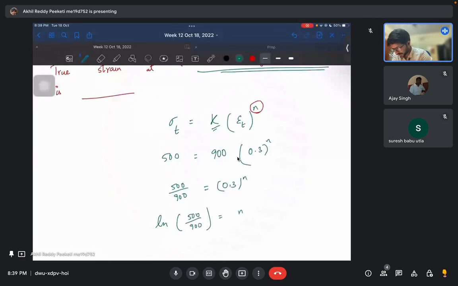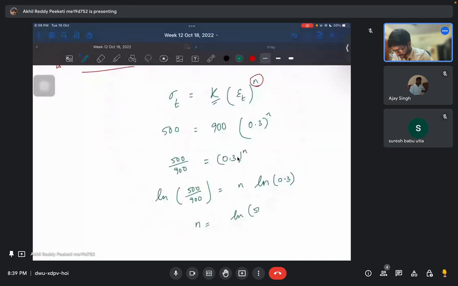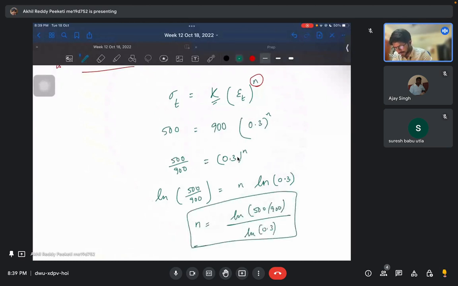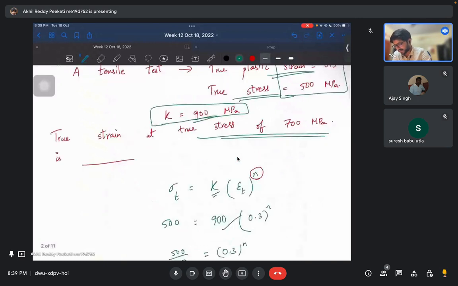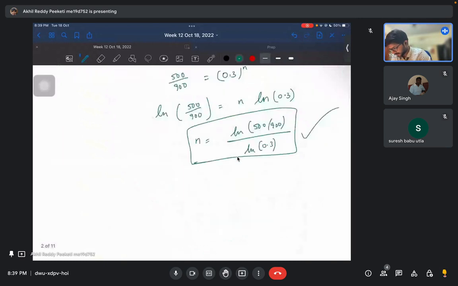This way you can calculate n. Now we know n and we know K also. So for the unknown case where stress is given, we can directly estimate: 700 is equal to 900 epsilon_t power n, and n we know now. This way you can easily estimate epsilon_t.